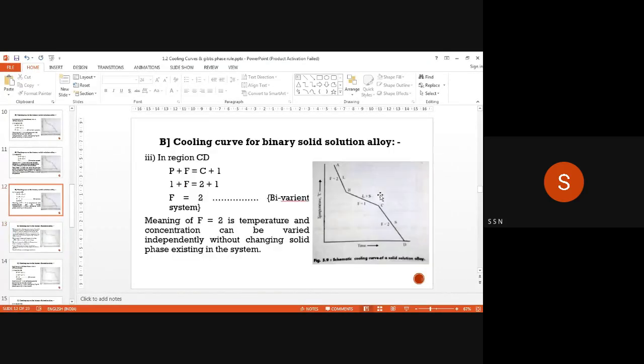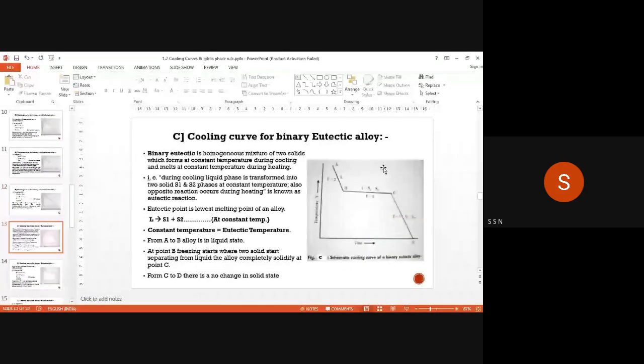In the phase diagram, there is never a constant temperature in solid solution alloys, but wherever there is a constant temperature with two different solid phases, S1 and S2, present at that constant temperature, we call that alloy a binary eutectic alloy.